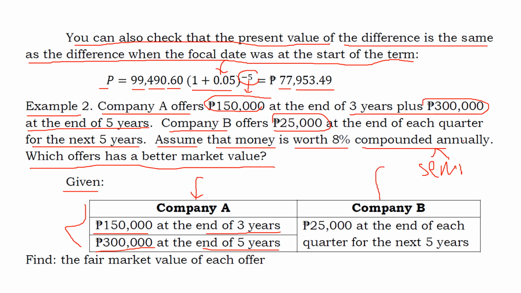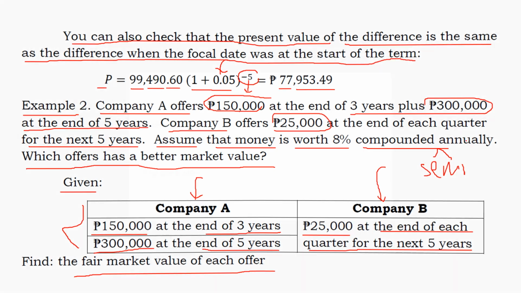For Company B, in the second column, there is 25,000 pesos at the end of each quarter for the next 5 years. We're asked to find the fair market value of each offer. So what will be the fair market value of Company A's offer and Company B's offer? That will be our task for example number 2.